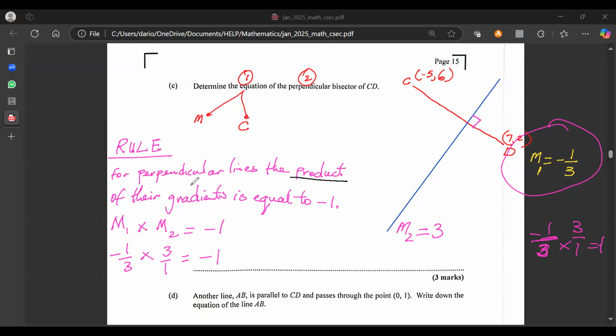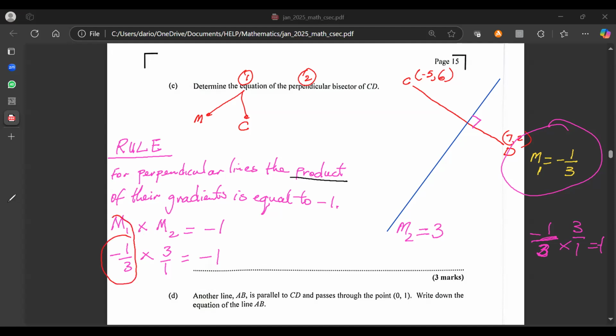For perpendicular lines, the product of the gradients is equal to -1. What does product mean? To multiply.